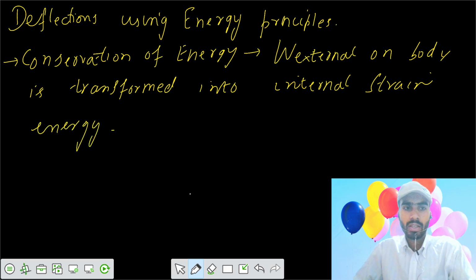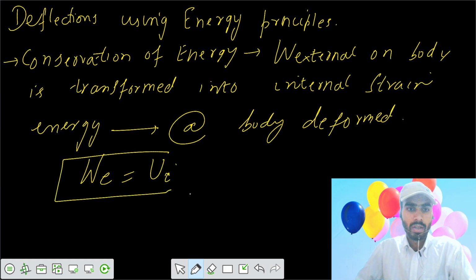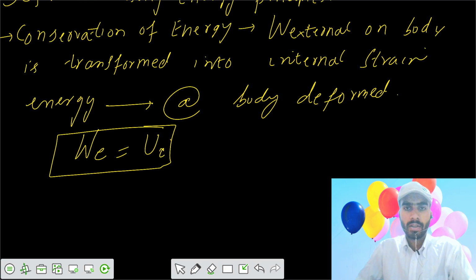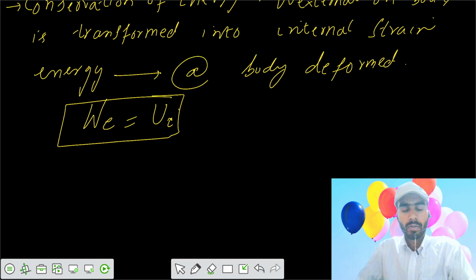That strain energy is developed when the body gets deformed. So the external work done gets converted to internal strain energy. We write that external work done equals internal strain energy developed.